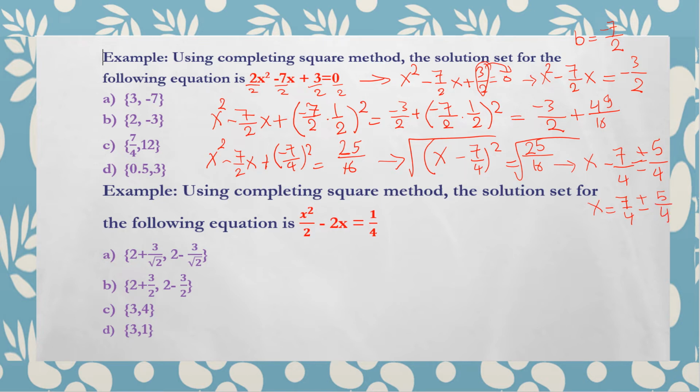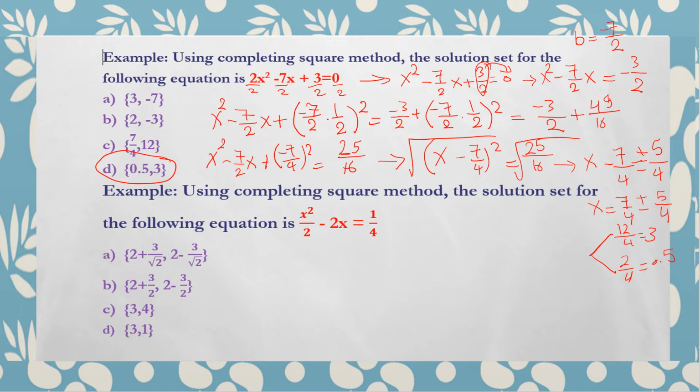So the solution set is 7 plus 5, 12 over 4, equals 3, and 7 minus 5, 2 over 4, which equals half. So the solution set is half and 3, and this equals D. So the correct answer is D.